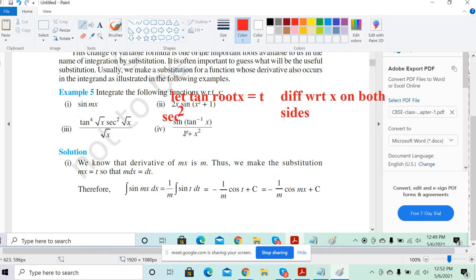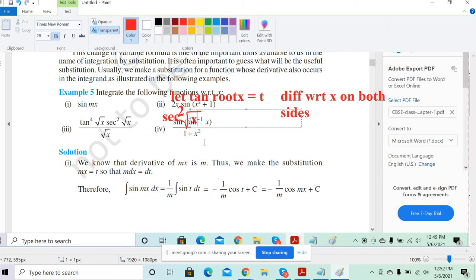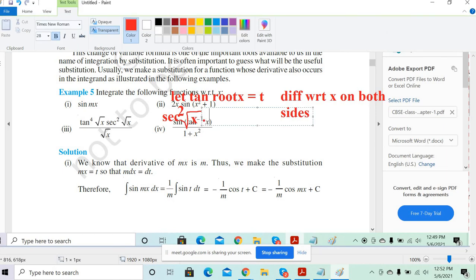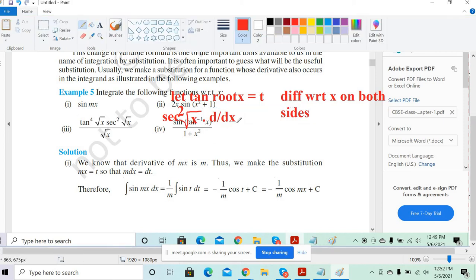So let me put the root x here. Secant square root x, fine. Now, root x also needs to be differentiated, and that will get multiplied. What is d by dx of root x? 1 by 2 root x? Yeah, correct.